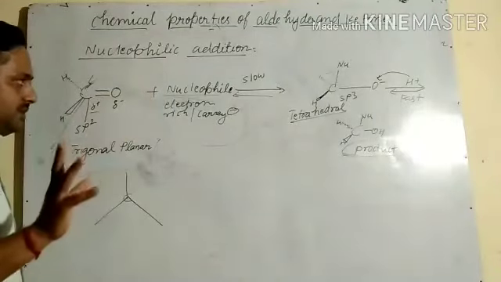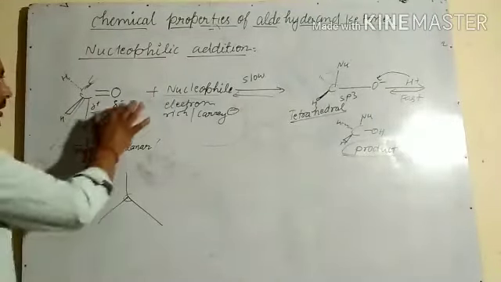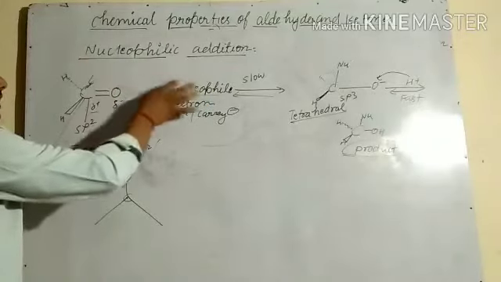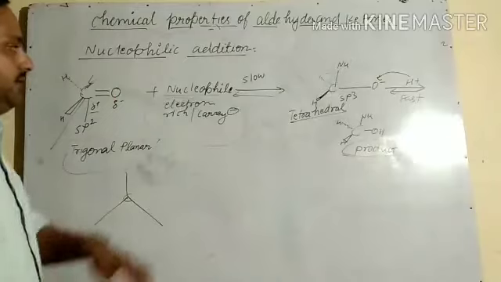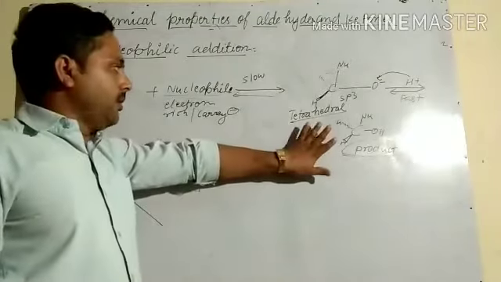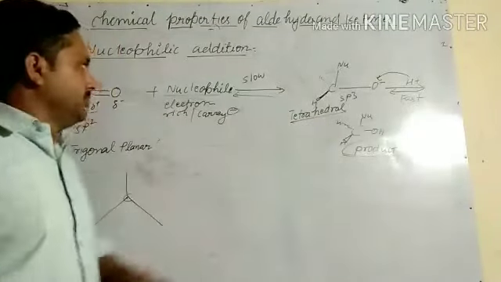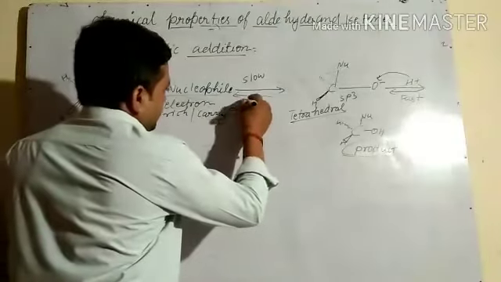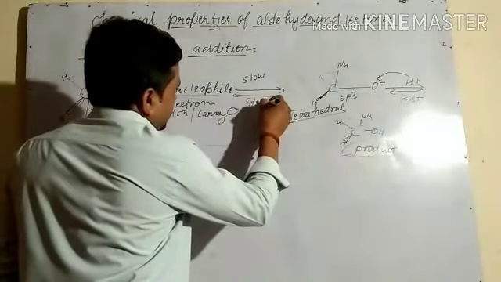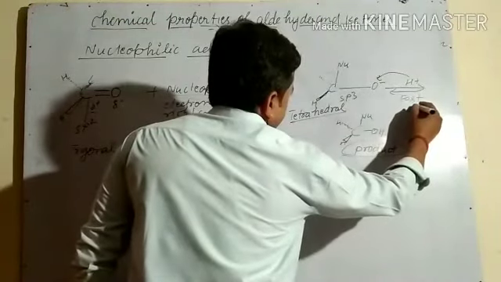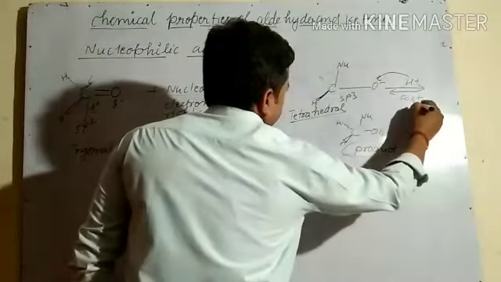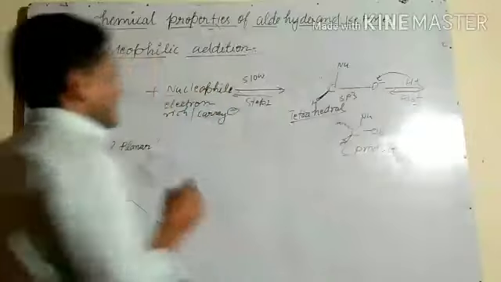Remember these two points: the nucleophile will always attach to the carbonyl carbon and form the tetrahedral compound. It completes in two steps. The first step is slow and the second step is fast.